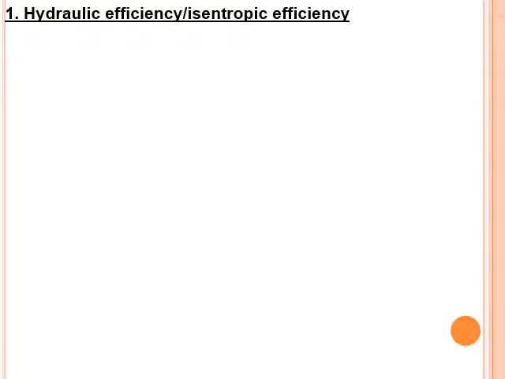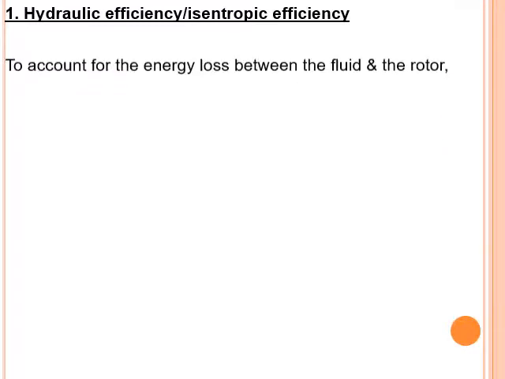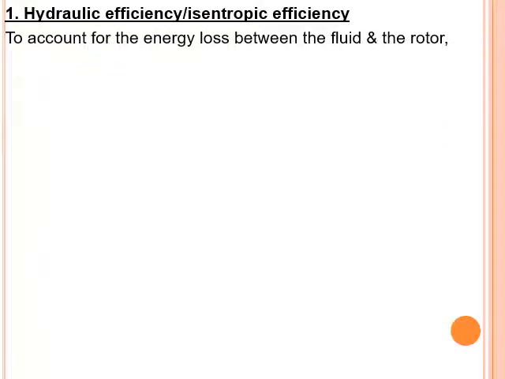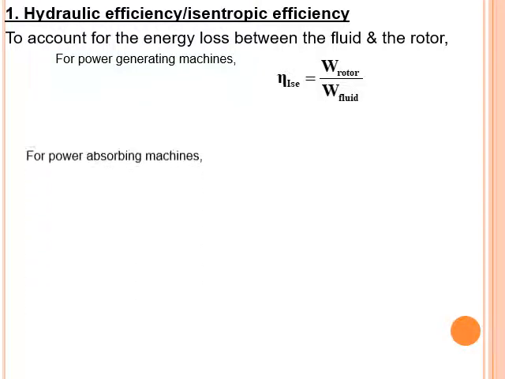Next one, hydraulic efficiency or isentropic efficiency. To account for energy loss between the fluid and the rotor, for power generating turbo machines, the hydraulic efficiency is given by the work done by the rotor to the work supplied by the fluid, that is, W rotor to W fluid.